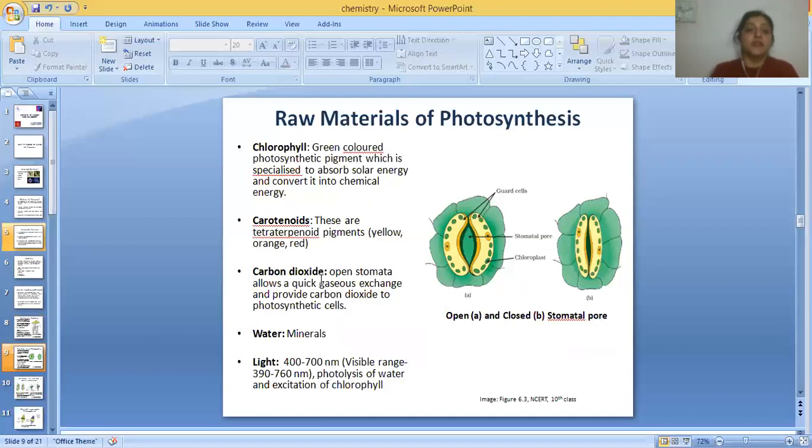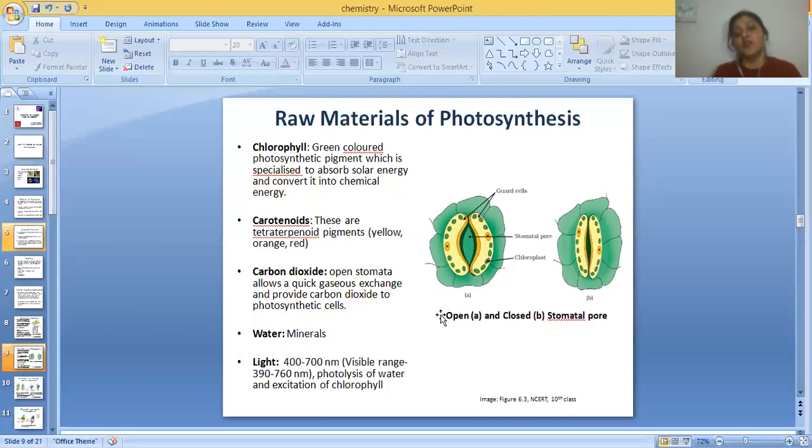Then we need carbon dioxide, which is most essential to carry on the task of photosynthesis. Carbon dioxide enters through stomata. Stomata are the tiny openings on the surface of the leaf. I have shown you the guard cells in the previous slide. So these are the guard cells.